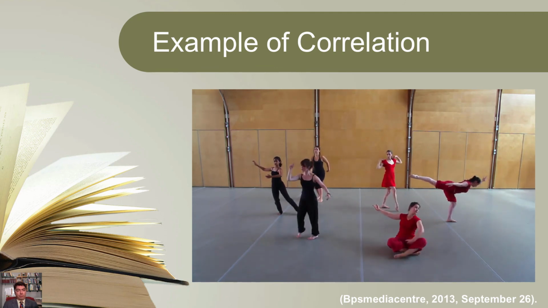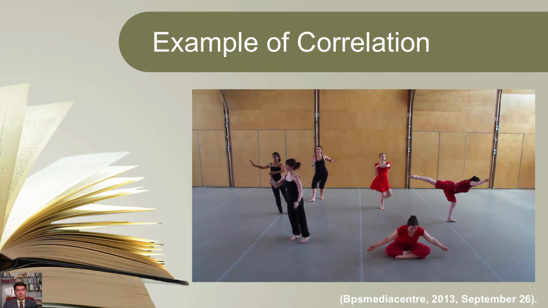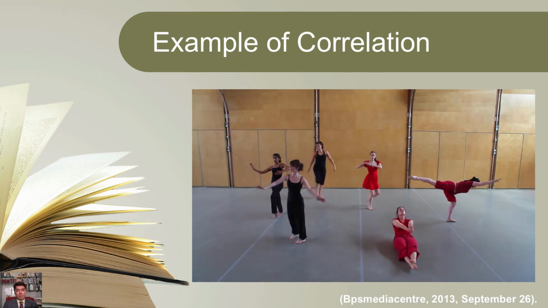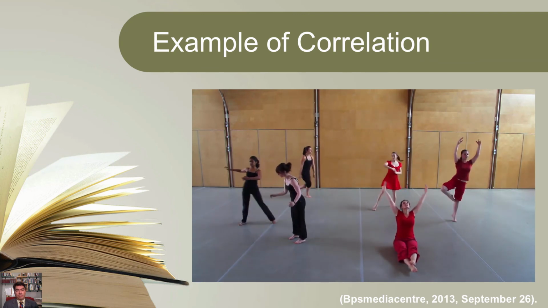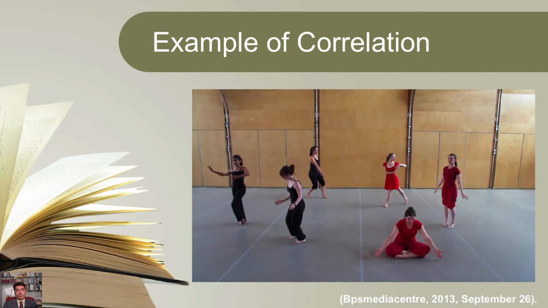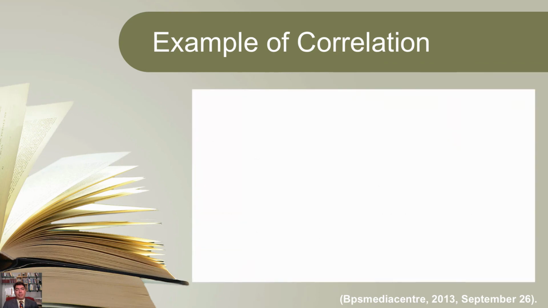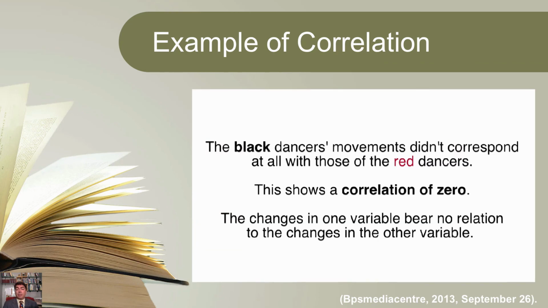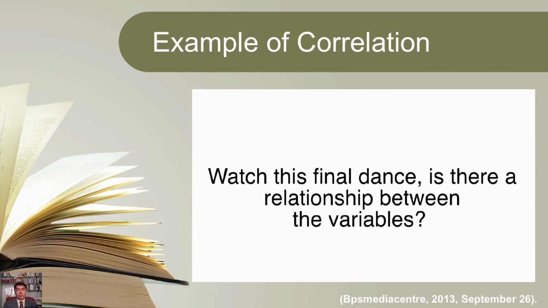Did you figure it out? In this section of the video, the dancers did not correspond to each other, so this is a correlation of 0. The changes did not have a correlation between each other.